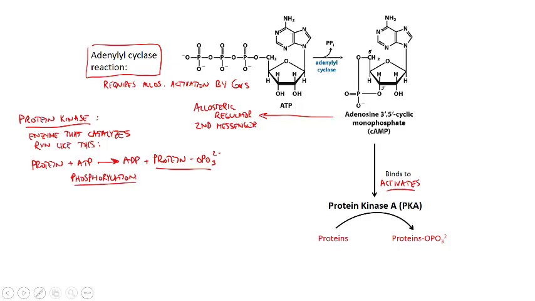So what protein kinases do is attach a phosphate to a protein, and normally where the phosphate gets attached is to either threonine, serine, or tyrosine side chains. On rare occasions, histidine sometimes will be phosphorylated as well.